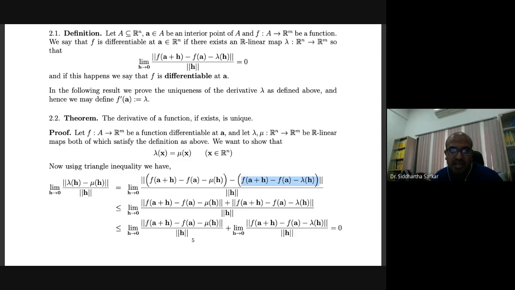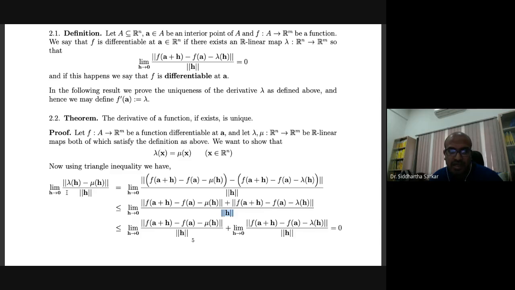So this exactly is the difference, lambda h minus mu h. And then I use the triangle inequality without invoking the limit, so this quantity inside the limit is less than or equal to the norm of the first one in the numerator plus the norm of the second one in the numerator. I still keep the norm of h in the denominator, and then I would be able to split it into two terms.